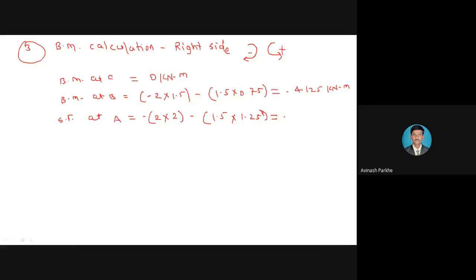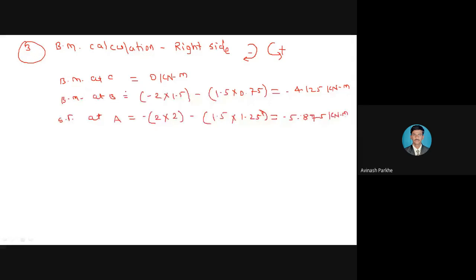yes, what is the bending moment at point A? Minus 5.875 kilonewton meter. So at point C it is equal to 0.